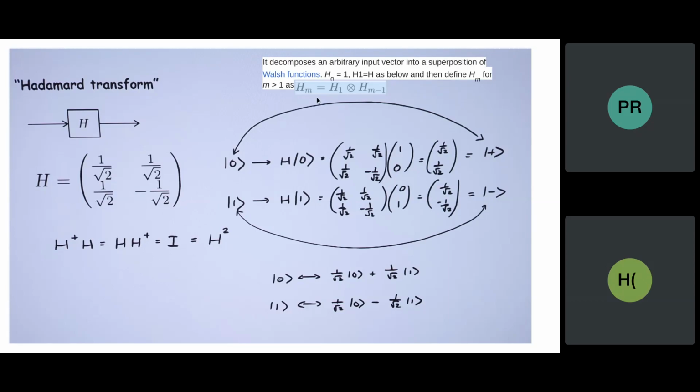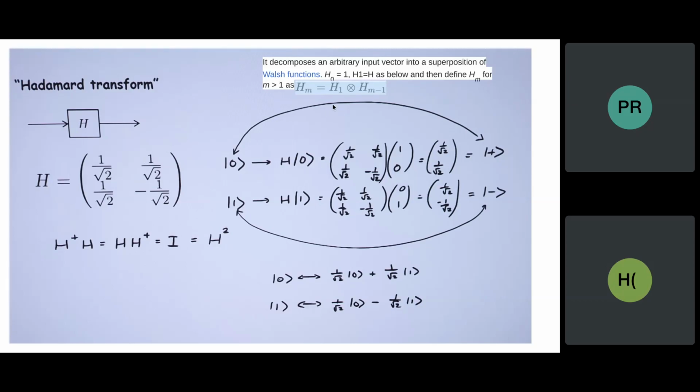And this is the algorithm where, if you have H_m in the m space, the question is what is m? It is 2 to the power m. So if you have m, H0 is defined as 1. H1 is defined as H, which is this matrix.